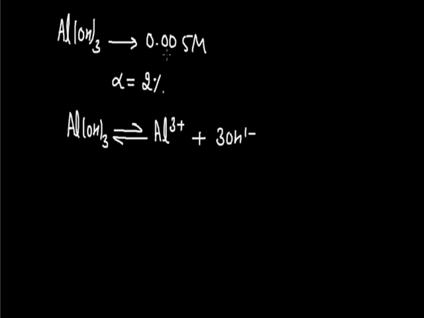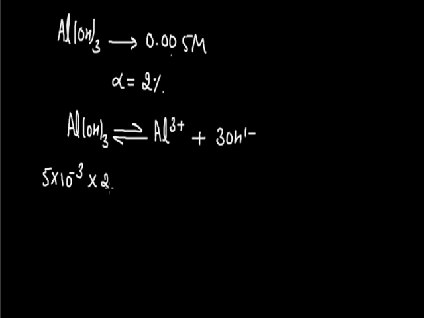Out of these moles of aluminium hydroxide, only 2% will undergo the ionization process. So we take 2% of the initial concentration, which is 5 into 10 power minus 3.